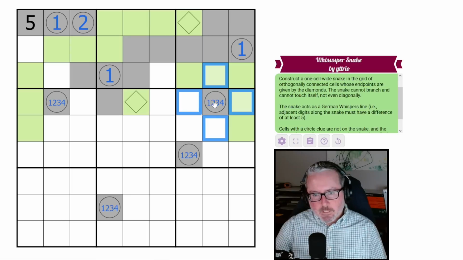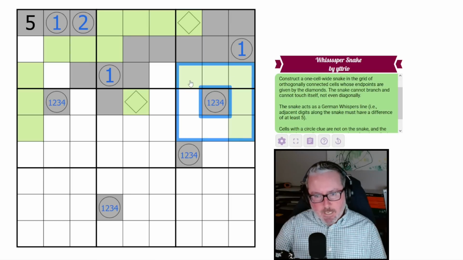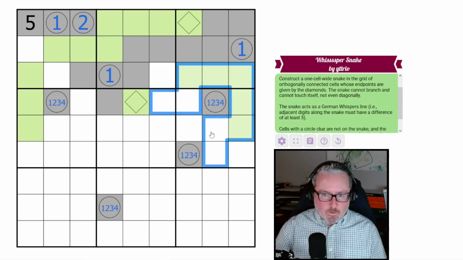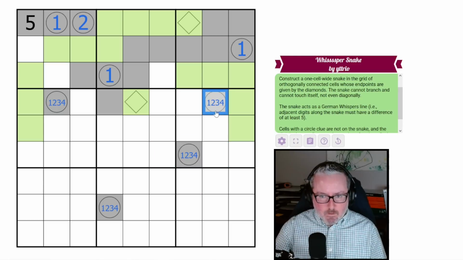So what does that mean? Well, either we've created a loop, which we can't do, or we've created some corner connection, which we can't do. And that should be the same for all of them. So none of these can be 4s.